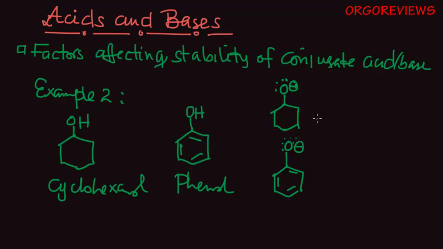Now let's compare the stability of these conjugate bases. You realize both of them, the negative charge is residing on oxygen, and therefore electronegativity and size doesn't matter. However, stabilization by resonance plays a major role. You can clearly see that the phenoxide ion can resonance stabilize by moving these electrons around, as we're going to see in this resonance stabilization.